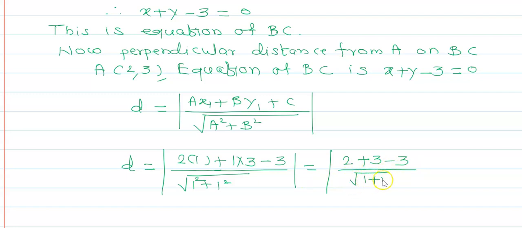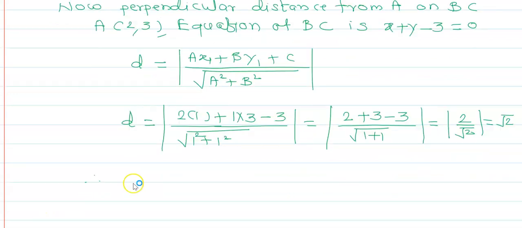That equals 2 plus 3 minus 3 upon the square root of 1 plus 1. The 3 minus 3 gets cancelled. You will get 2 upon root 2, which is nothing but root 2. Therefore d is equal to root 2 units.